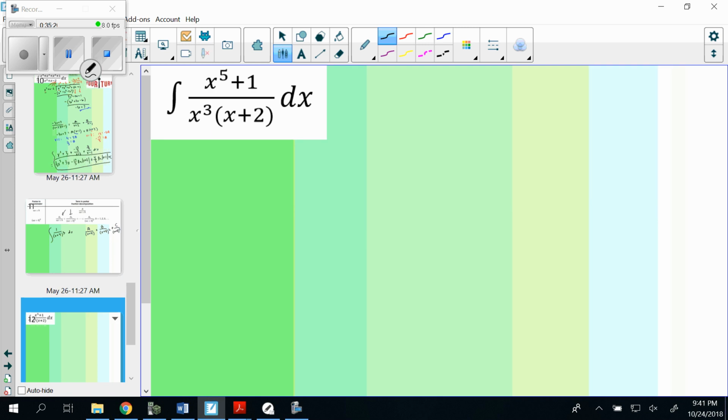And this one, okay, first off, we can see if we were to multiply this out, the numerator is bigger than the denominator. So we have to start by dividing this. We got to take x to the 5th plus 1 and divide it by x to the 4th plus 2x cubed.